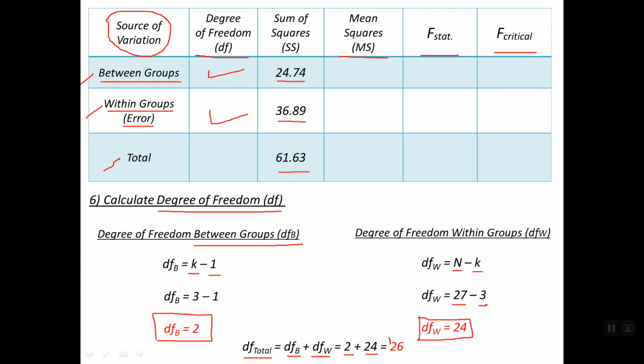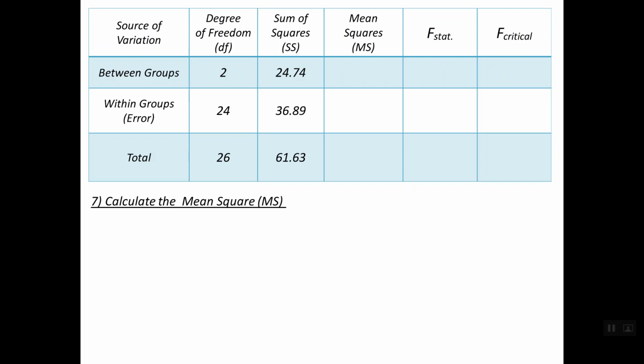So the summation is 26. So this is the total degrees of freedom. Now we can simply fill the amounts we have just calculated for the degrees of freedom. We have 2 between groups, and we have 24 within groups, and this is the total degrees of freedom.